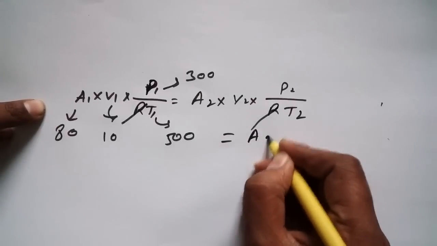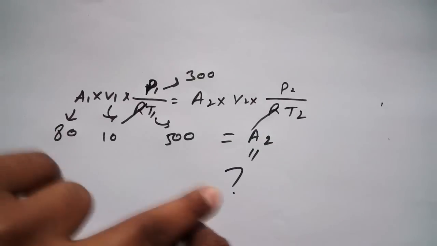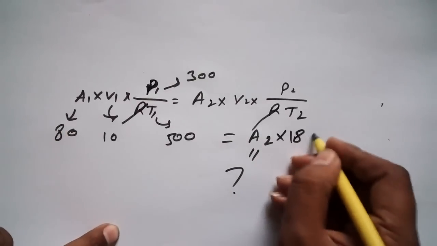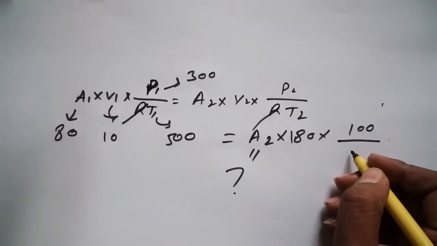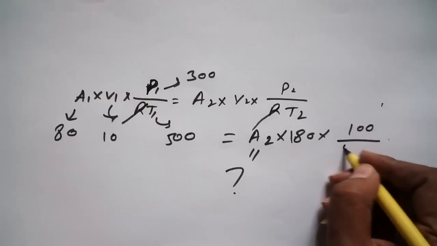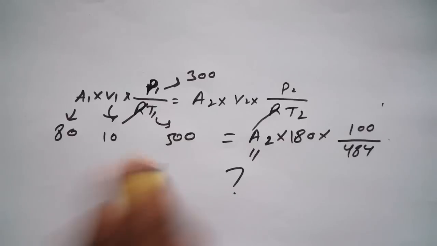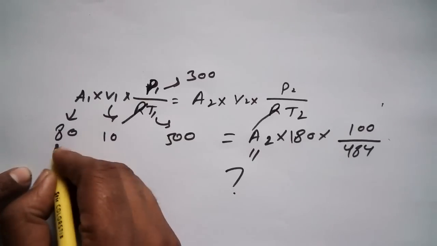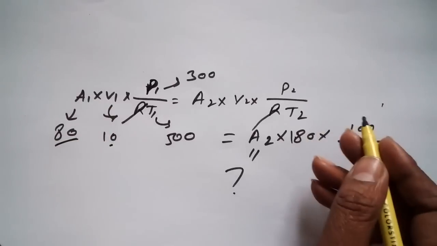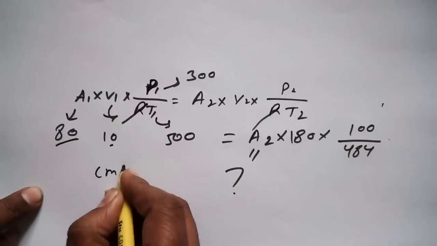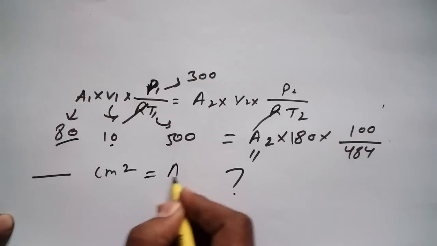Now we don't know A2 because we need to find this. V2 is 180, P2 is 100, and T2 we have just calculated, that is 484. I'm not going to change the units because they are all matching. All units cancel and finally we are left with centimeter square, and the value is A2.